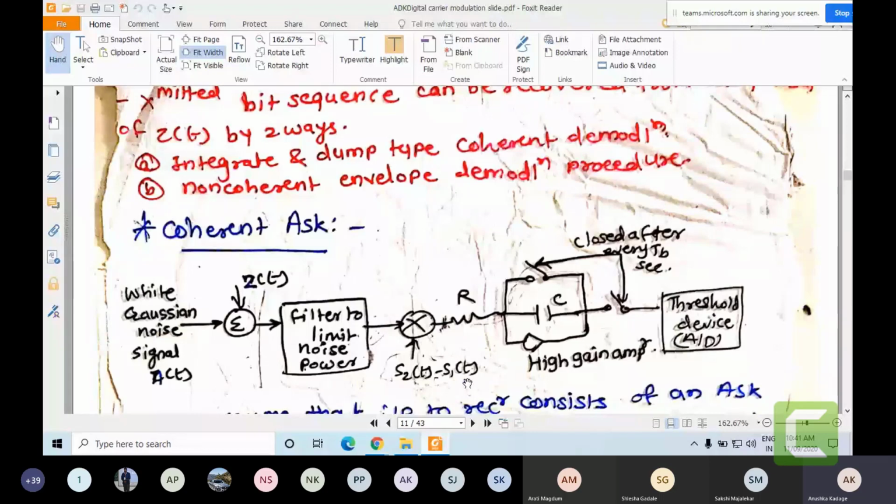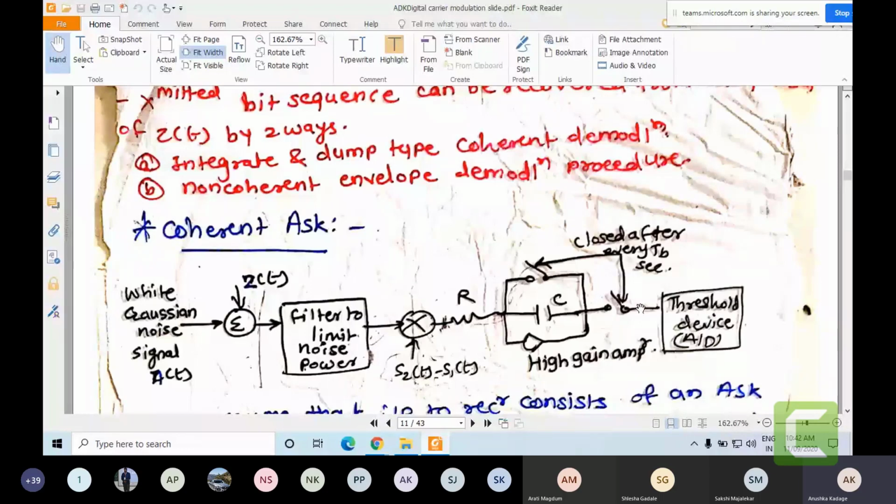Now, one more thing to remember: in the generalized receiver block diagram of this signaling scheme, I told you that for any type of receiver, we will have three basic blocks. One is the filter. After the filter, we will have the sampler, and the third block will be the thresholding device. So here in the receiver diagram, again you are observing the filter, then the sampler, and then the thresholding device.